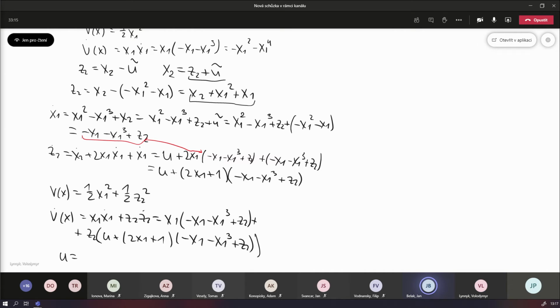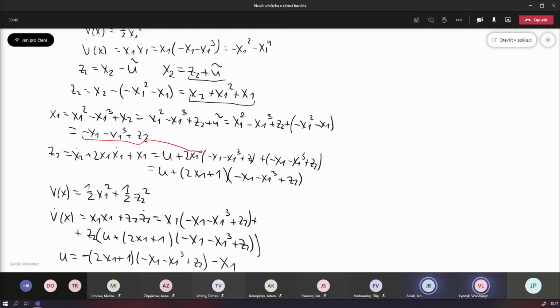So u is equal to negative 2x1 plus 1 times negative x1 to the third power plus z2. And then we also need to cancel the term x1 times z2 from the first part.